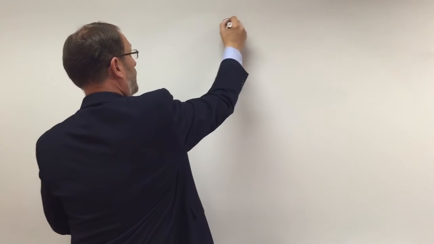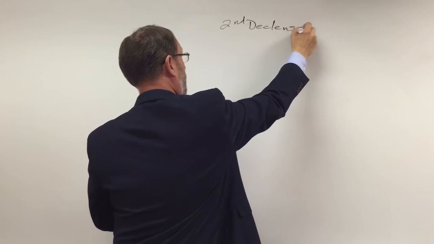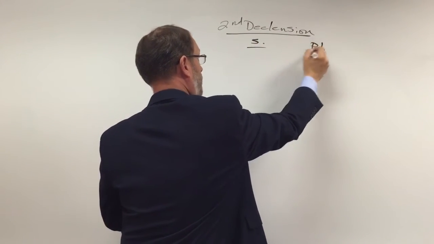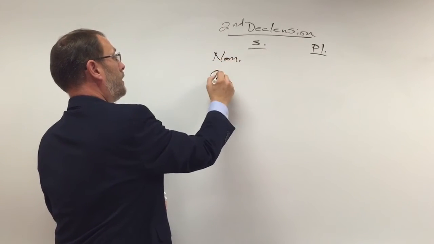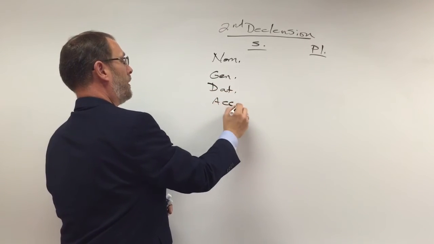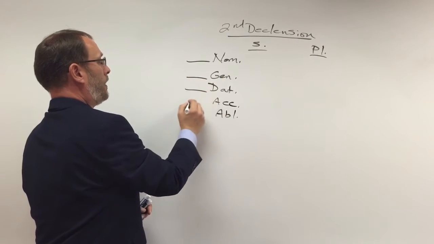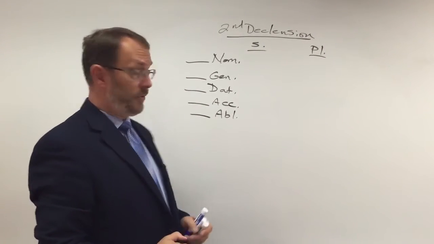So here we go. Second declension. And we'll set up our singular and plural columns as before. Drop the noun cases down the side. Nominative, genitive, dative, accusative, and ablative. And right now on your paper, see if you can come up with the basic use for each of the noun cases.